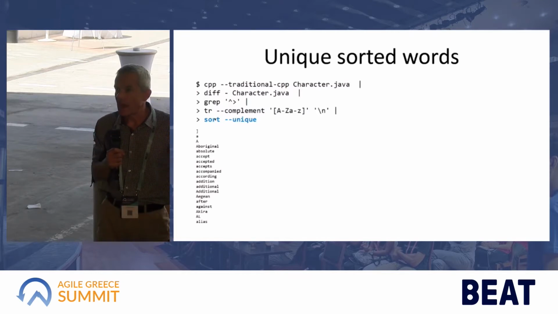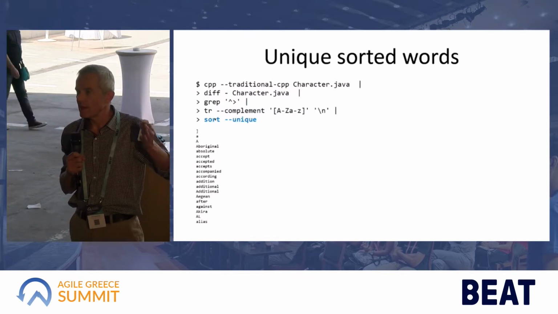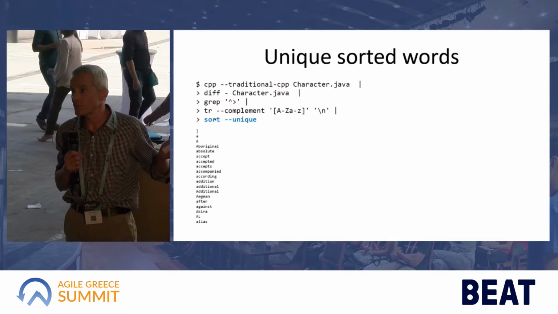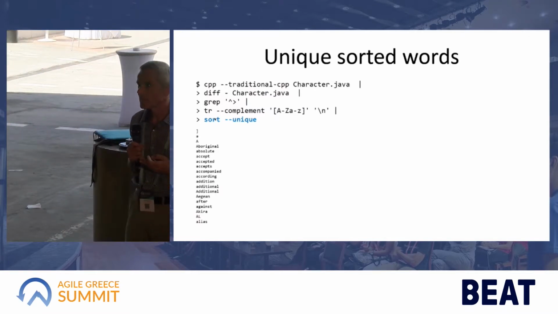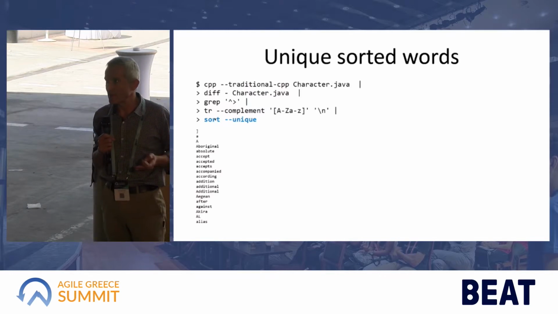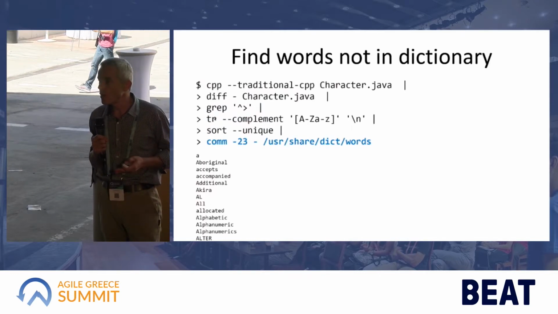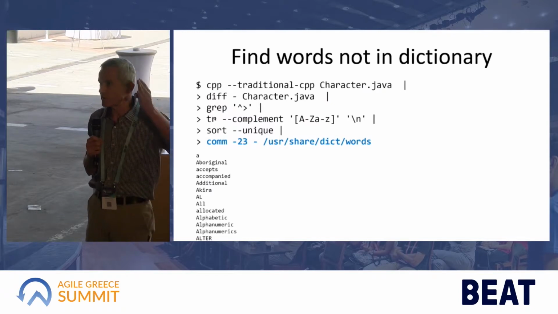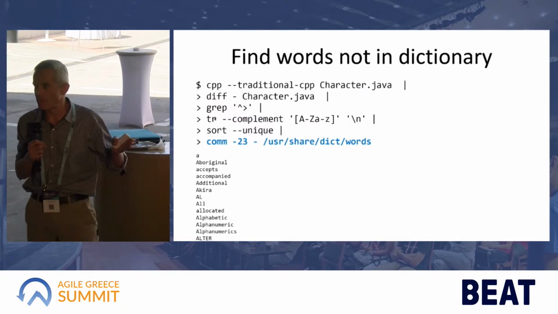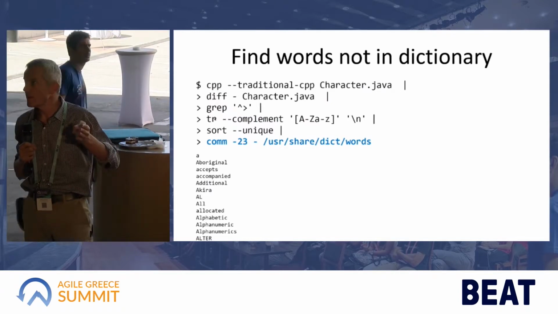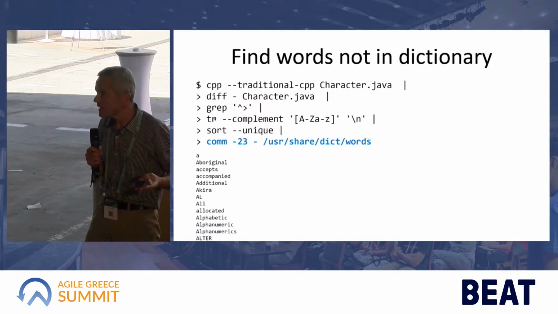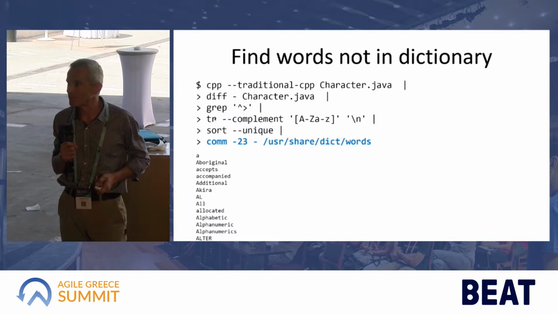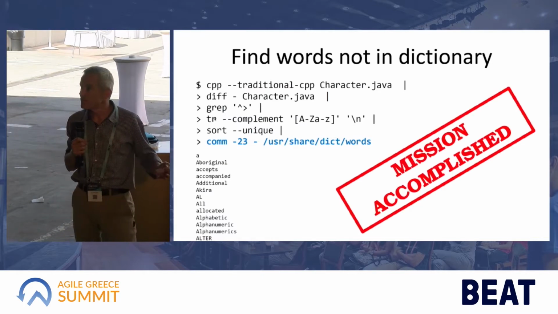Next step, I sort these words in an alphabetical sequence, and I do that having each word appear exactly once, uniquely. Having done that, finding the spelling errors is very simple. All I have to do is compare this sorted list of words with the comm command with the system dictionary, which contains all known words. What is not in the dictionary is obviously spelling errors. Okay, mission accomplished.